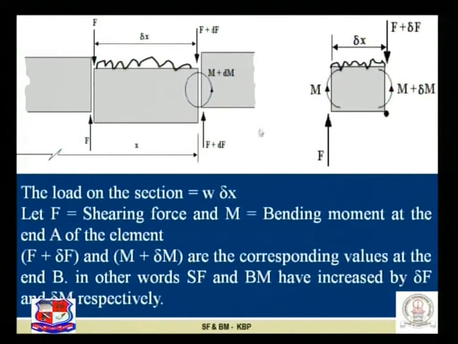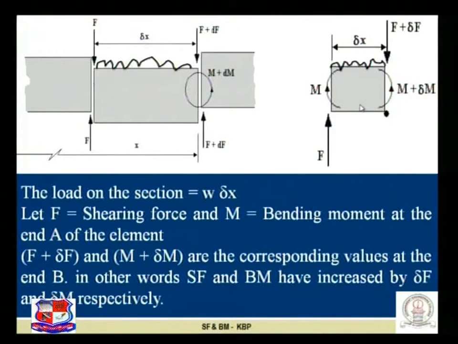Now, the load acting on this section of length delta X. We have to establish the correlation between F, delta X, M, and the load, that is W into delta X, the total load acting on this section.